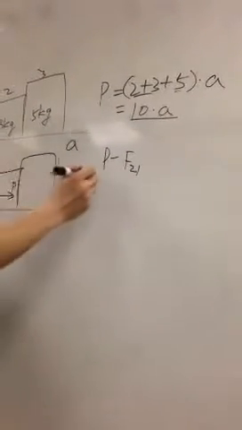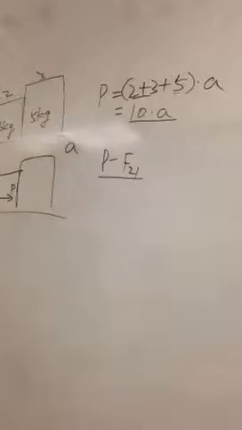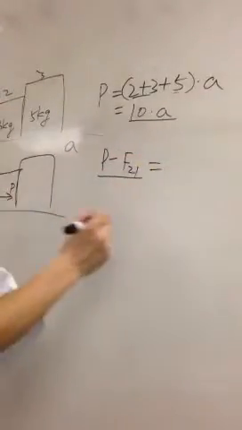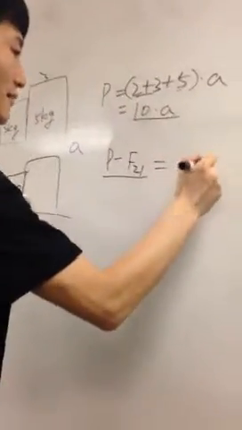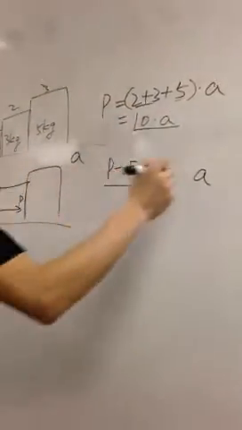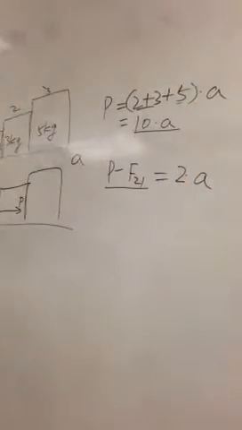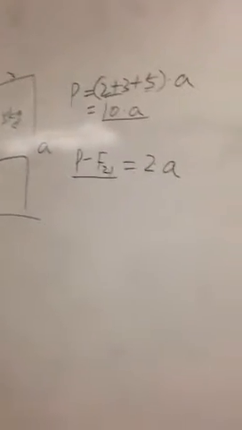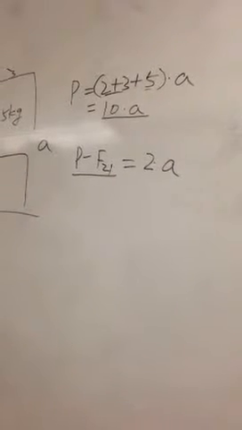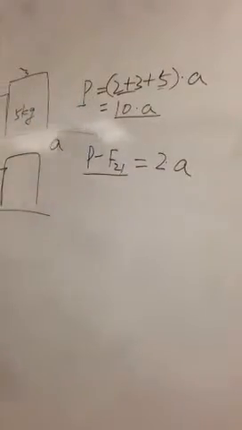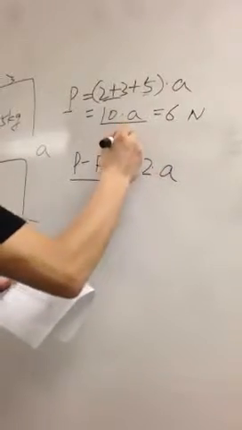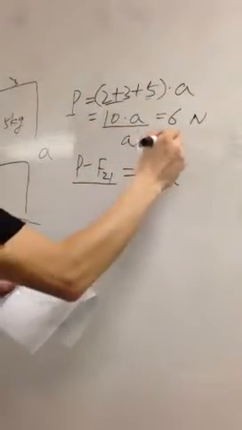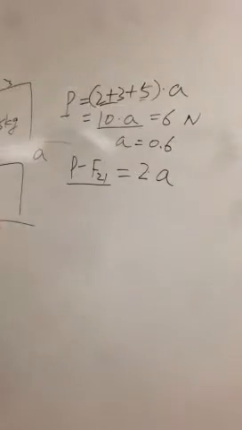So that's the total force on block 1, and it gives block 1 an acceleration of the same A. But block 1's mass is 2, right? So we know P from the question is 6 Newton. So we can calculate A equal to 0.6 from this.